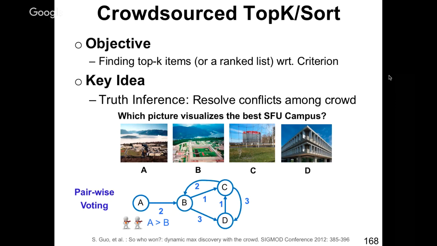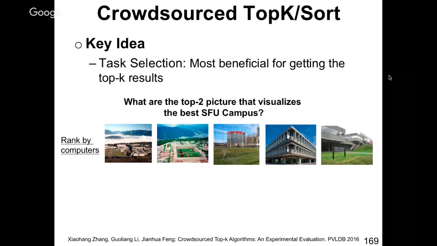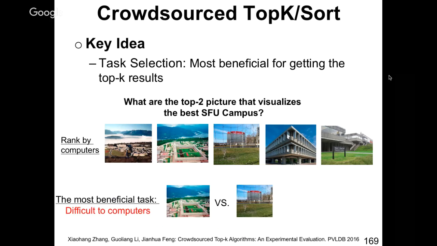For example, after using majority voting, B is better than C and B is better than D, so we can infer that D is better than C. However, we also have 3 votes supporting that C is better than D. So there is both local and global inconsistency in these crowdsourced votes. So we have to do rank inference, which could be a very complex problem. The second work about top-K is about task selection, which has been mentioned by Jianan.